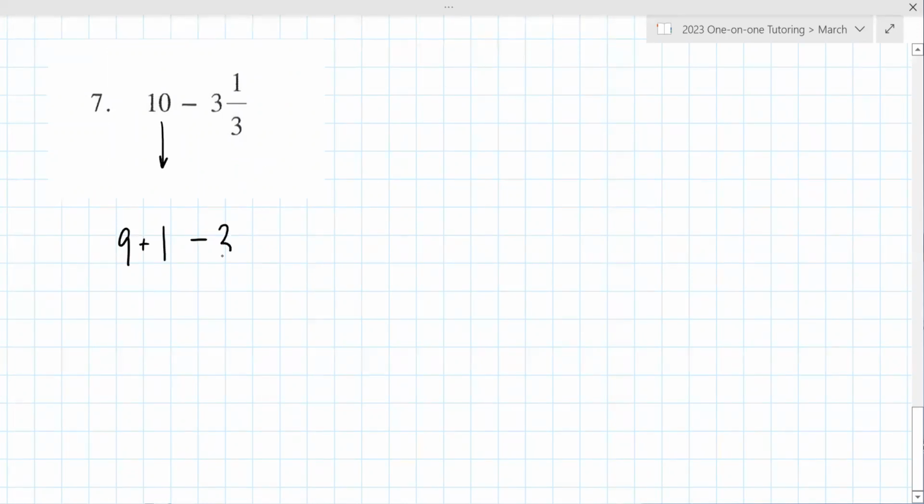And then you subtract 3 and subtract 1/3 here. Okay. So then the 9 minus 3 is 6. And then this 1, you really want to make this 1 match up with the denominator on the fraction on the right. So you want to write it as 3 over 3 minus 1 over 3.